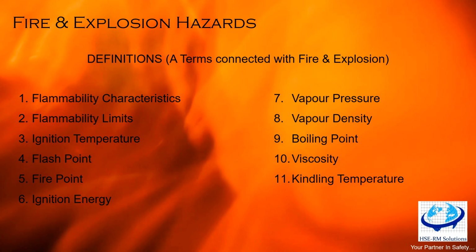Once ignited, it will travel back to the source of release, that is flashback. Petrol vapor is about 3 to 4 times heavier than air. So you have to understand that petrol vapor can settle in low areas, ditches and drains, and travel a long distance to cause ignition and flashback.